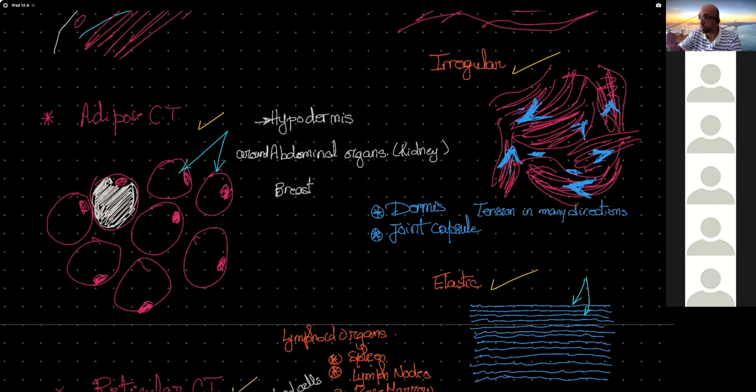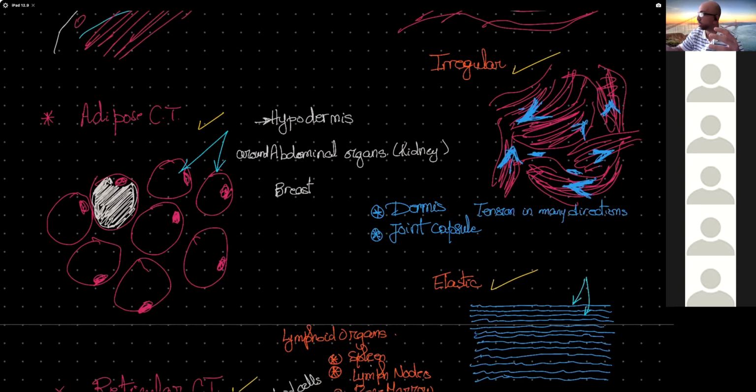Where else? When I'm running, all my organs in the abdomen are moving up and down, slightly to the sides. So why did the connective tissue surrounding those organs not rupture? Because what kind of tissue accommodates tension in many directions?